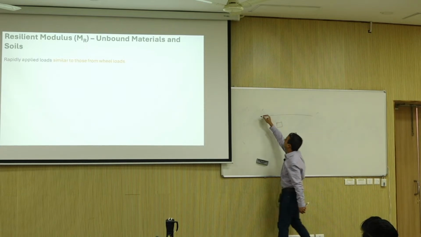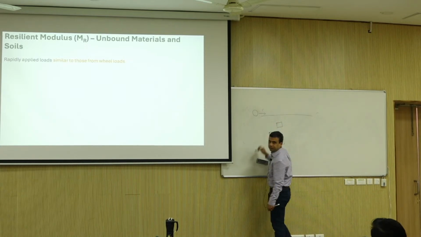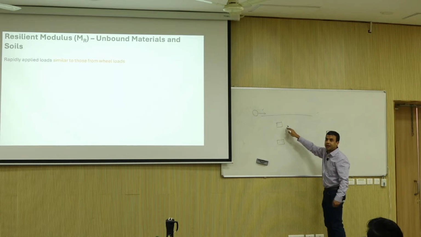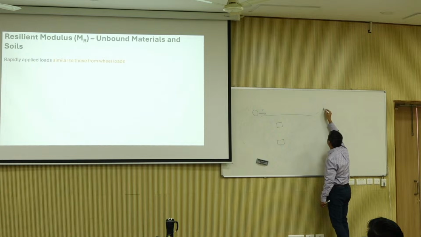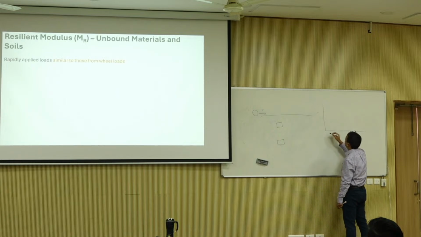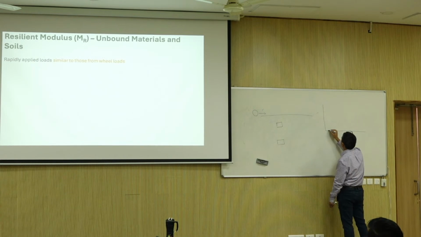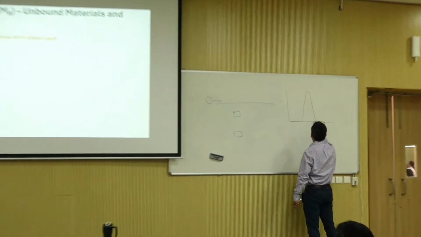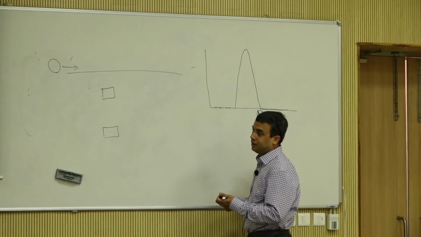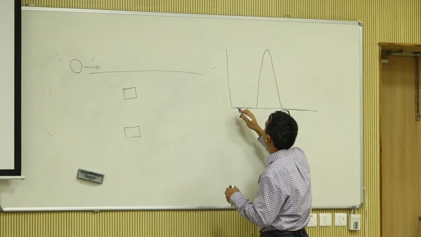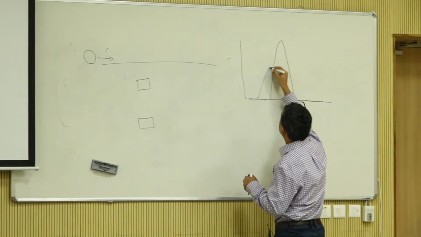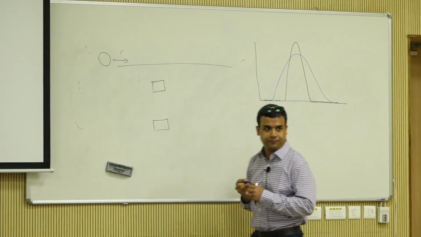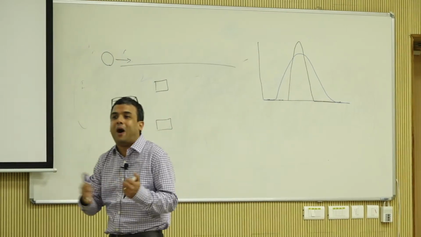You have a thing moving like this with time, right? At the top, it is coming, and then it has some kind of a pulse, and goes down. The bottom one is probably coming, some kind of a pulse, and goes down. Why is it wider?